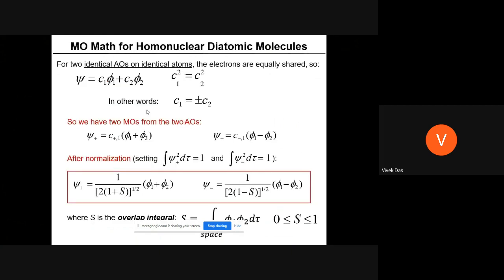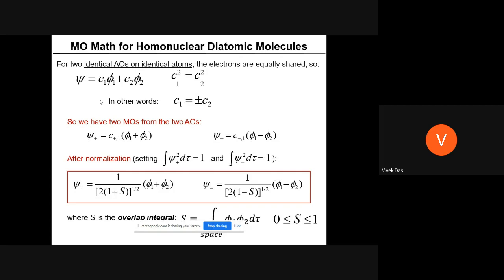For homonuclear diatomic molecules, the only difference between homonuclear and heteronuclear is this coefficient. In the homonuclear case, these coefficients are equal.